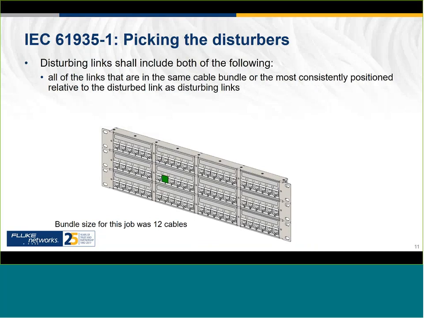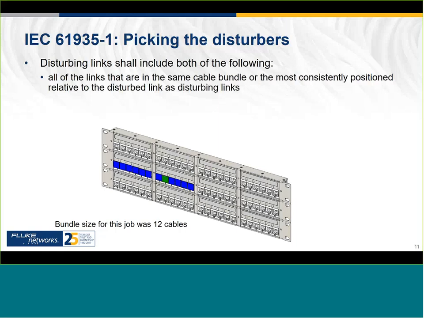So if we're choosing this particular connector as a victim, there are 12 cables in the bundle, so we would then need to look at the other 11 links in that bundle as our disturbers.